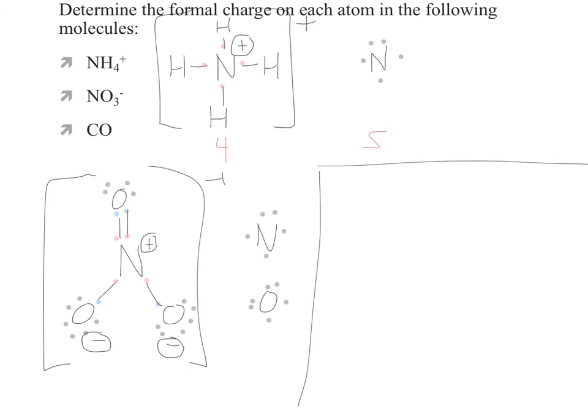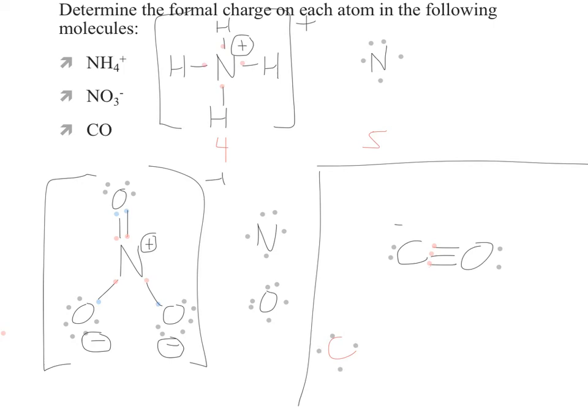If we did carbon monoxide, which looks like that, and we compared to its normal dot structure. Now this is a neutral molecule. That doesn't mean it doesn't have formal charges, it just means that they're balanced. For the carbon, carbon has 2 of its own electrons and then 3 in the bonds, so carbon has 5. Typically carbon only has 4. So carbon has an extra electron.